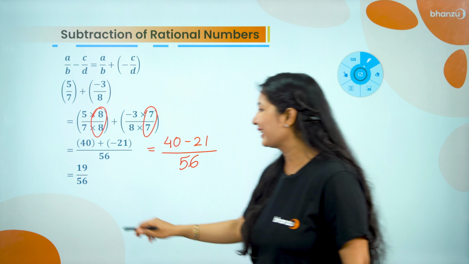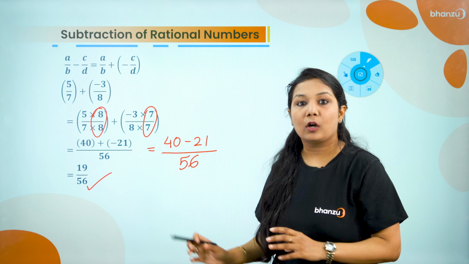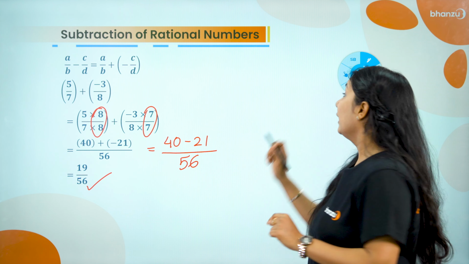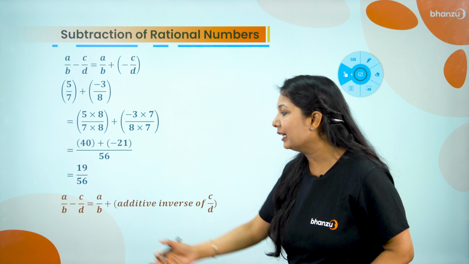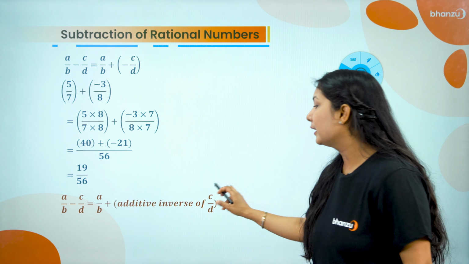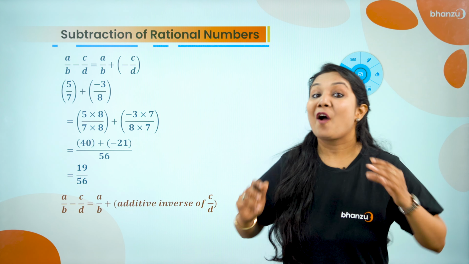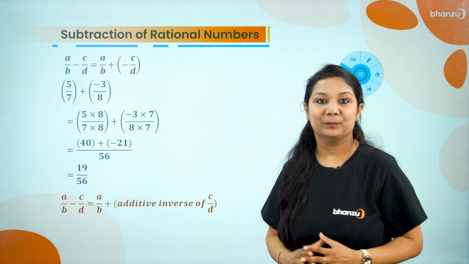So we got the answer as 19 by 56. We got the same answer even when we did the addition of the additive inverse. So this is how we do the generalized form of subtraction by adding the additive inverse of the second rational number, which we have taken as C upon D in the general form over here.